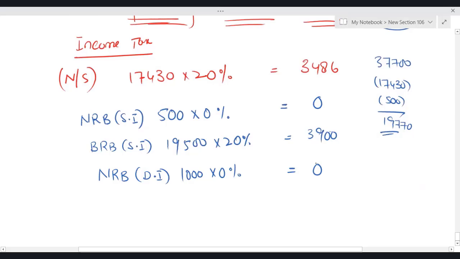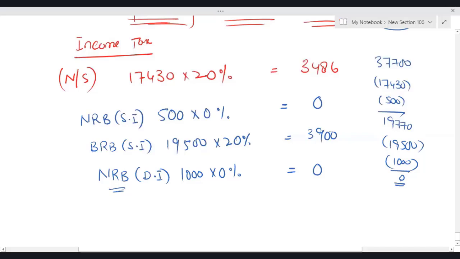Now there is no space in the basic rate band. The entire space we have utilized how? Out of 19,770, we have utilized 19,500 for the saving income, and obviously the remaining limit is utilized by the nil rate band.